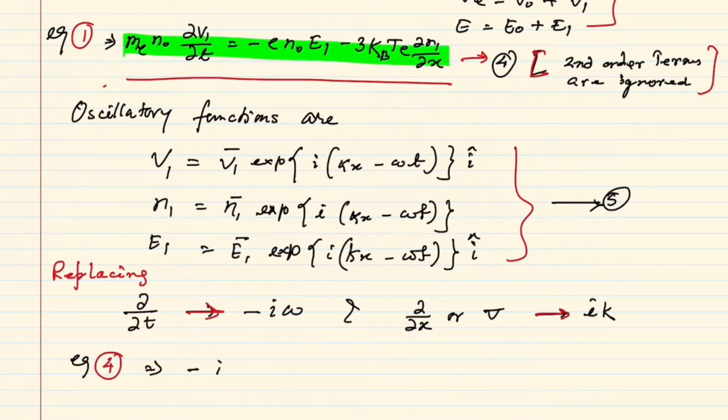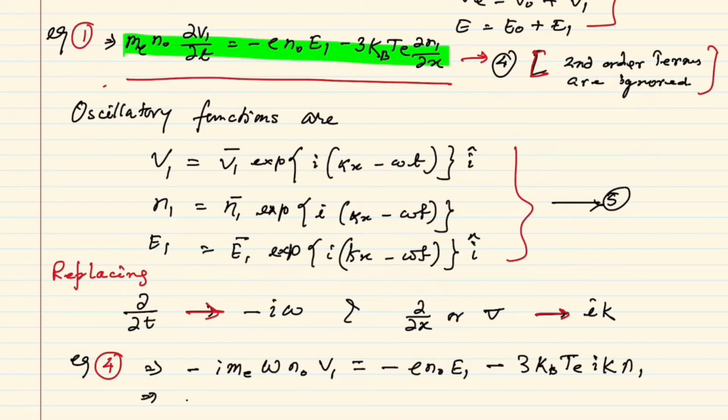minus i m e omega n naught V1 is equal to minus e n naught capital E1 minus 3 k B T E i k n1, and then let us multiply minus 1 on both sides.